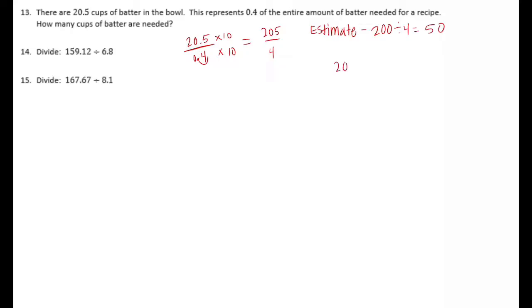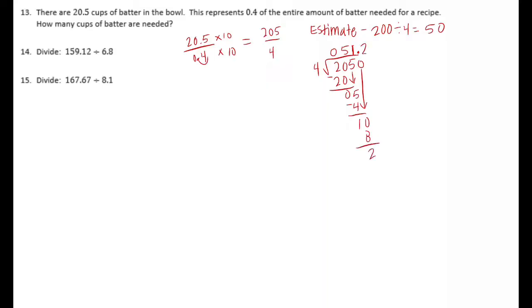And 205 divided by 4. 4 can't go into 2. It can go into 20 5 times. 4 goes into 5 one time. 1 times 4 is 4. Now I'm going to put a decimal point and a 0 and keep going. So 4 goes into 10 twice.